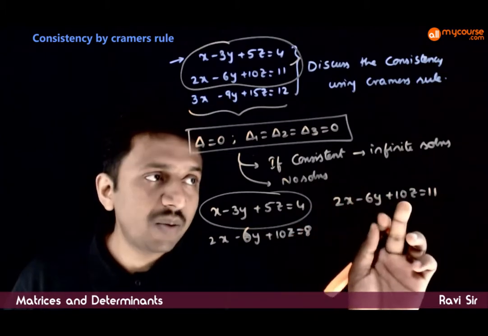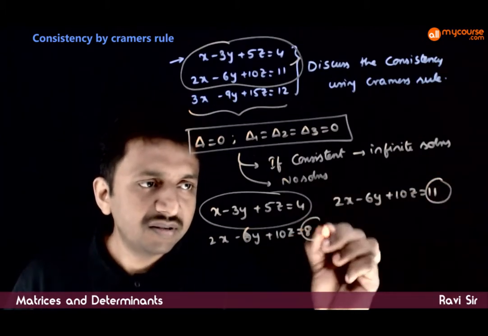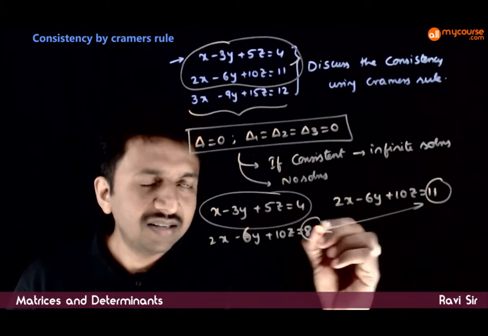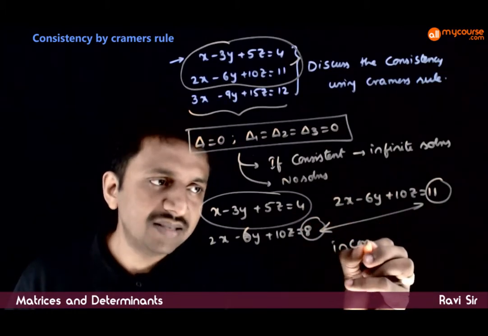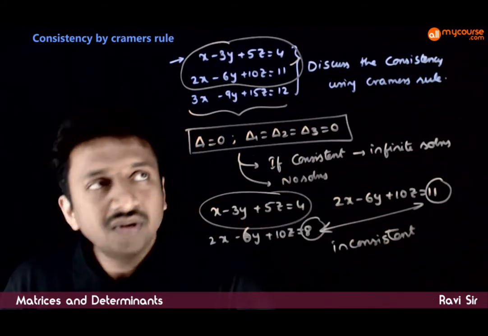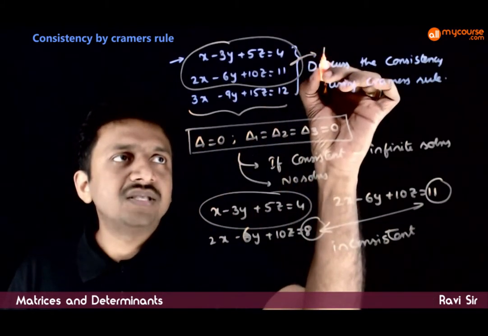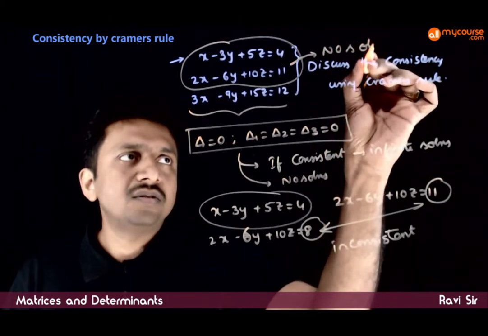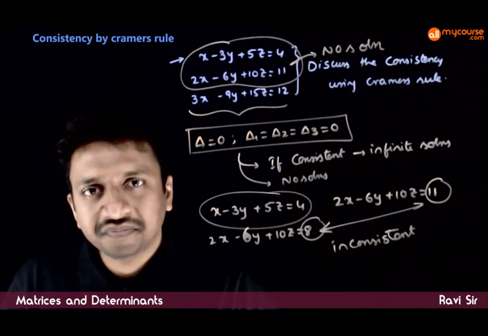But the second equation says 2x minus 6y plus 10z is equal to 11. So you can very clearly see that these two are inconsistent with each other. So this set of equations has no solution. Thank you.